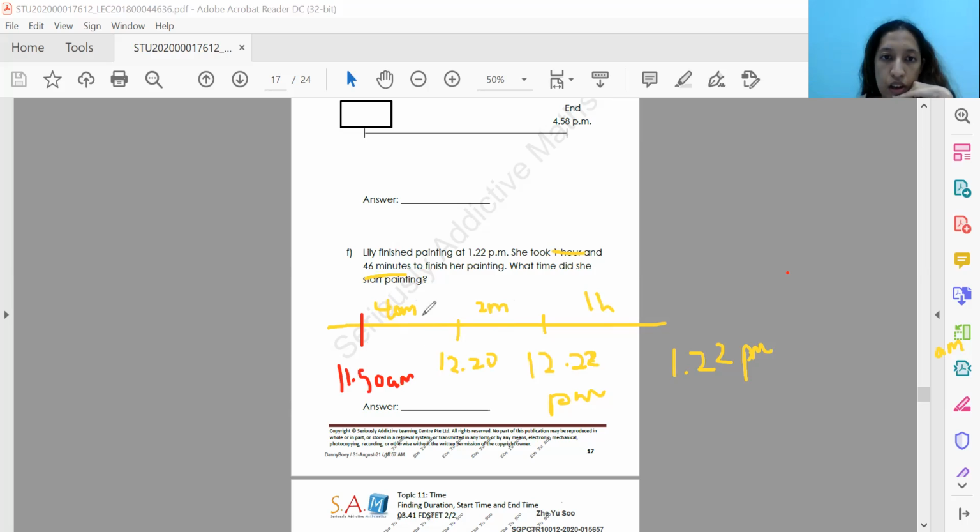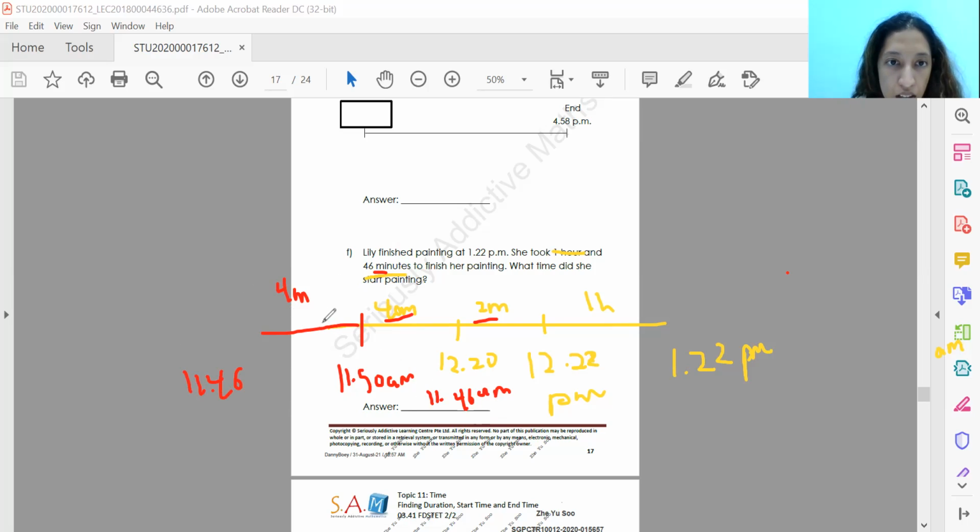And then we look. 40 plus 2 is 42. They want 46. So how many more minutes left? 4 more minutes. So 11:50, 4 minutes before is 50, 49, 48, 47, 46. So it's 11:46 a.m.